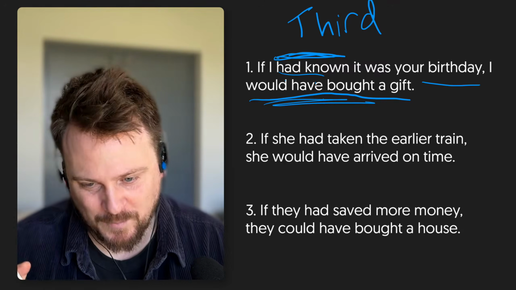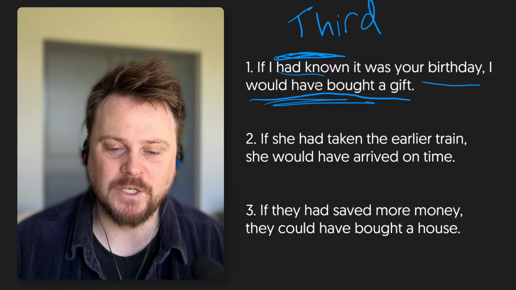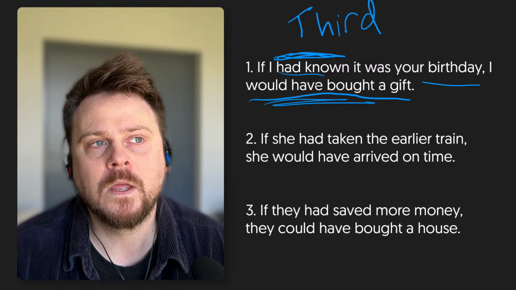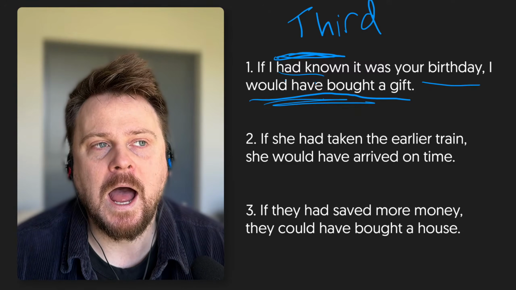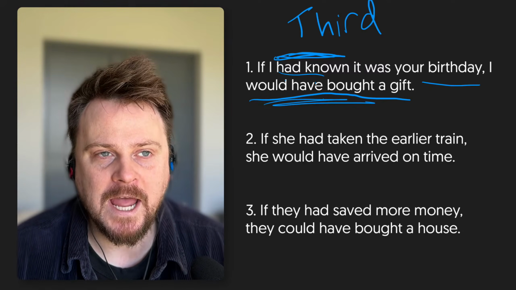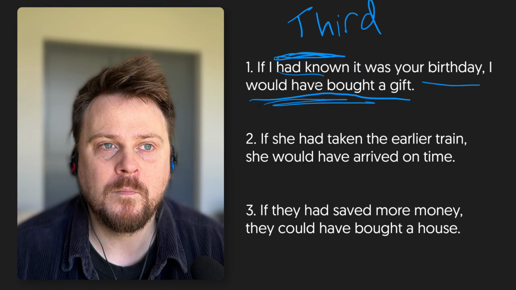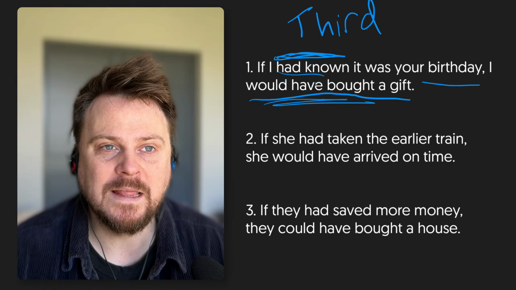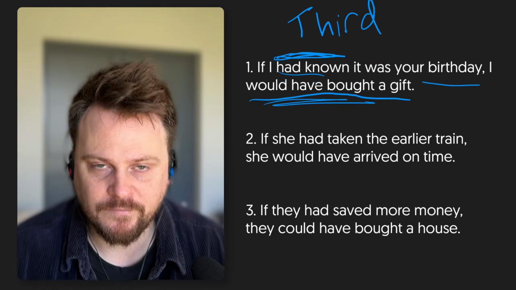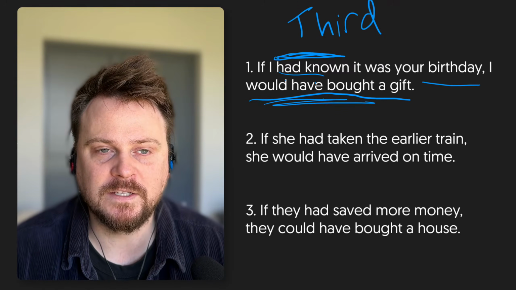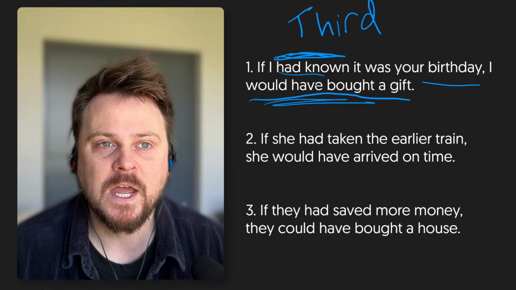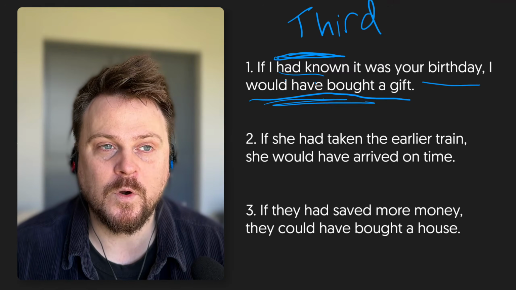So, okay, let's explore this grammatically. This is a little challenging. I had bought a gift before we left. Let's just take that sentence as sort of a simple sentence. I had bought a gift before we left.